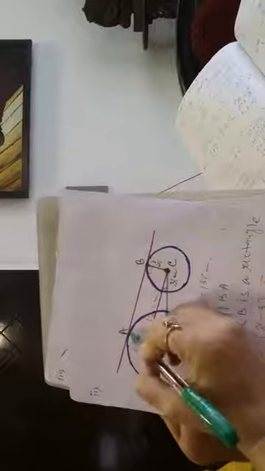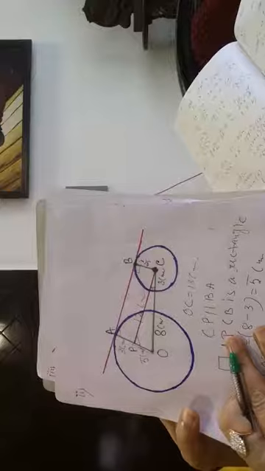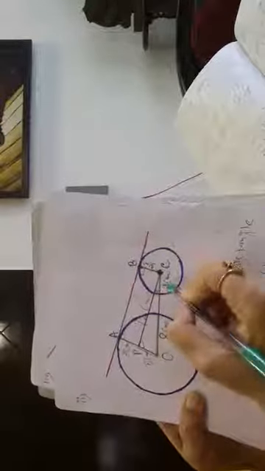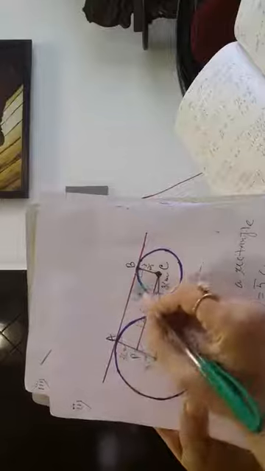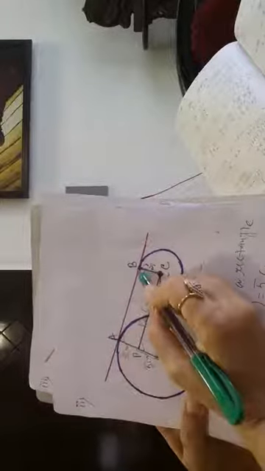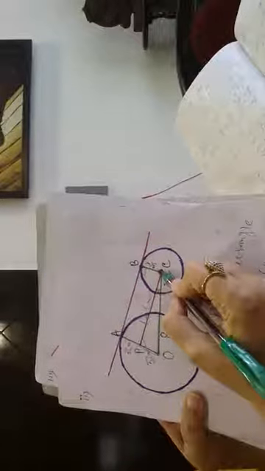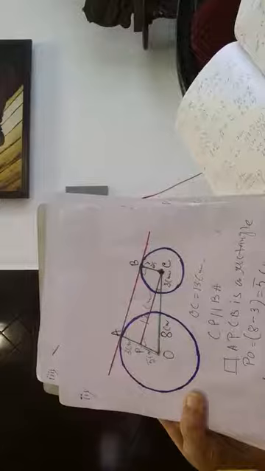Now you have to calculate the length of the tangent AB. To do this, I have drawn another line CP, which is parallel to BA and equal to BA. Clear?